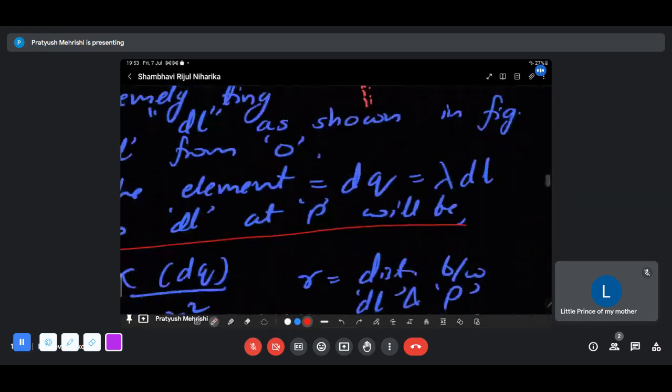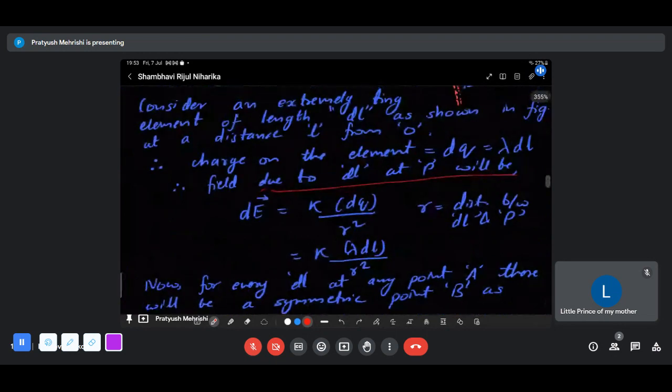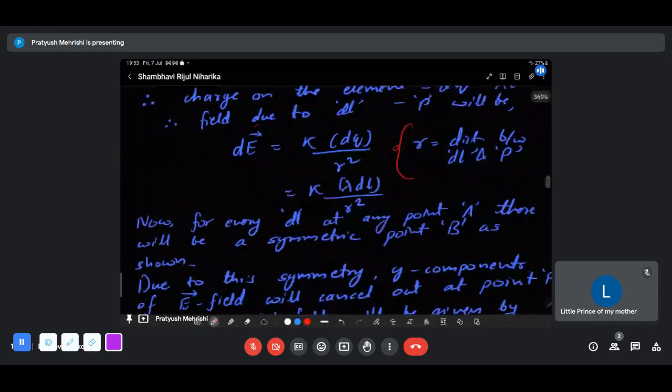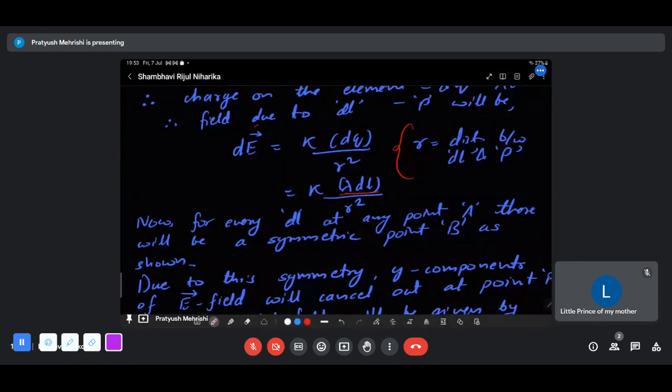So the net electric field is kq upon r square, where r is the distance between dl and point P. Now, in place of dq, just write lambda dl upon r square.